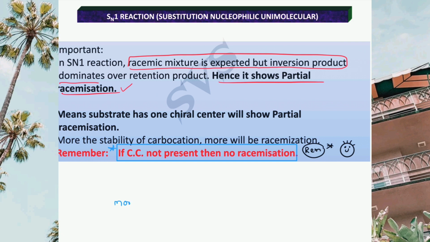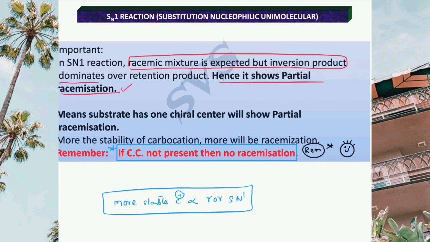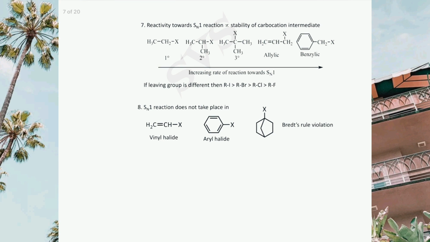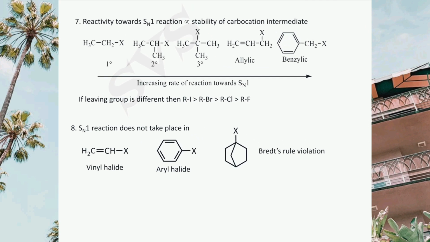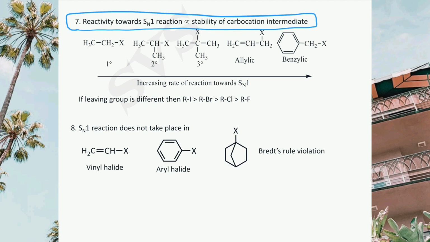And the more stable the carbocation, the more is the rate of reaction towards SN1. Very, very important. So finally, the reactivity of SN1 reaction is directly proportional to the stability of carbocation.